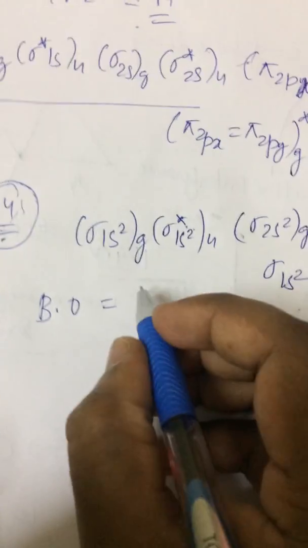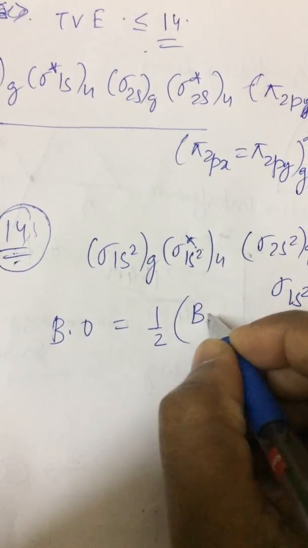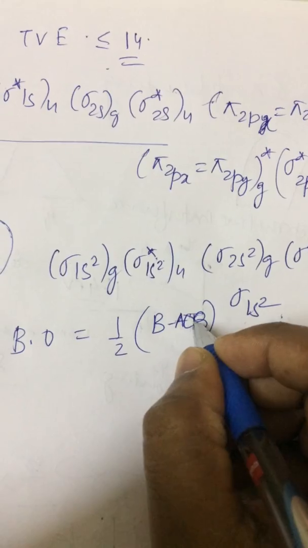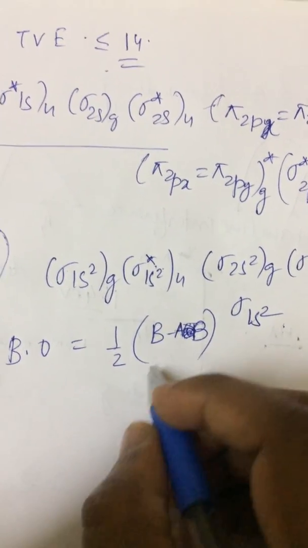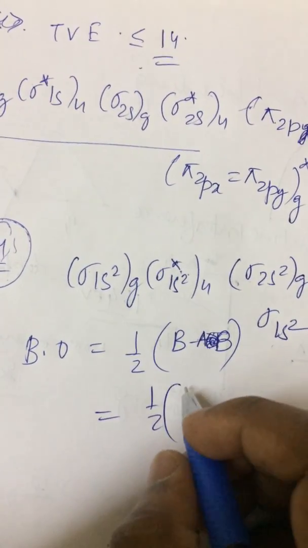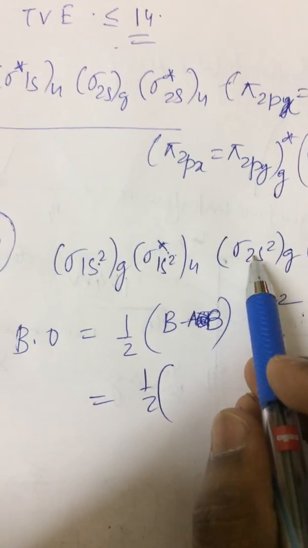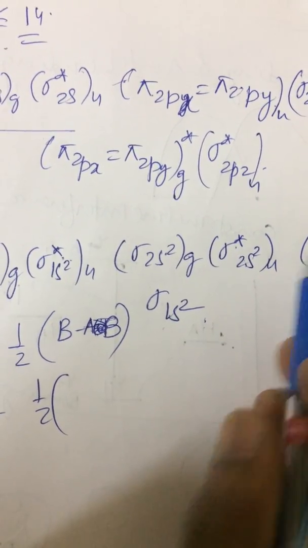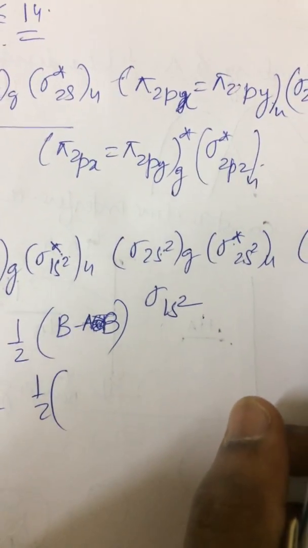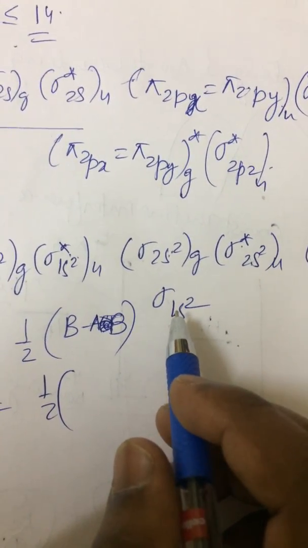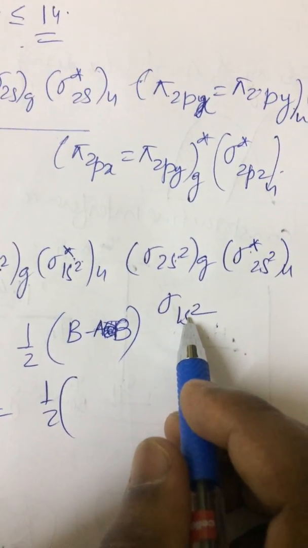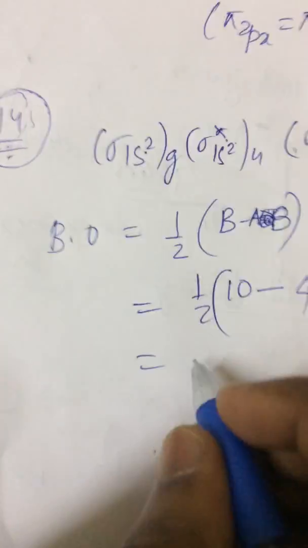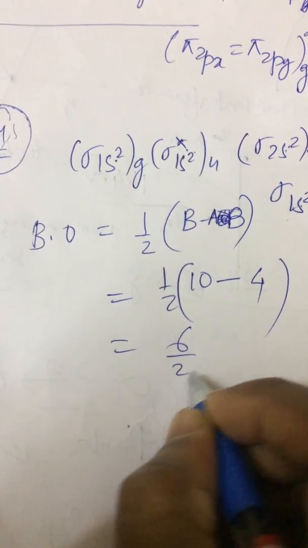So what is the bond order? Bond order is simply one half of bonding minus antibonding electrons. Bonding electrons are 2, 4, 8, and 10, so 10 bonding and 4 antibonding. So 10 minus 4 is 6, divided by 2 is 3.